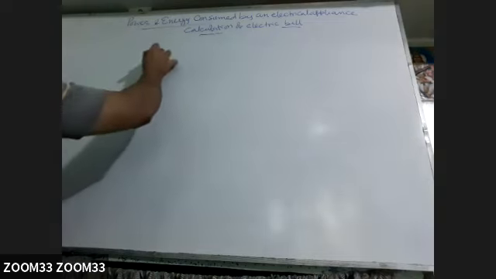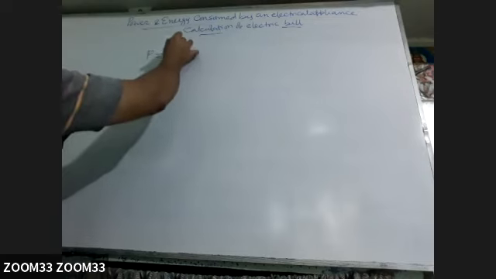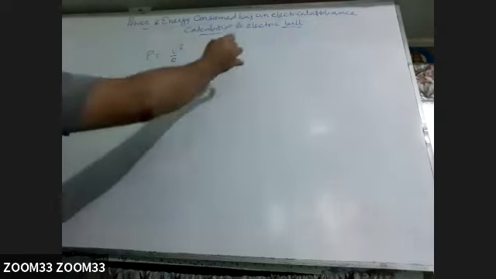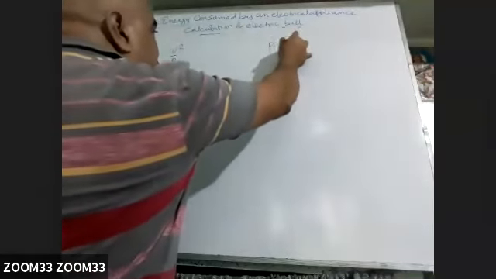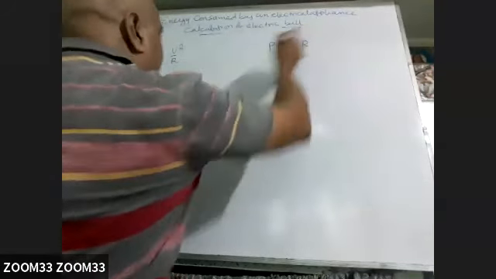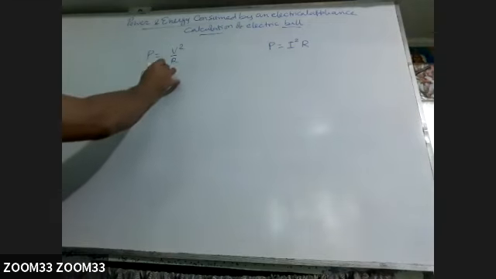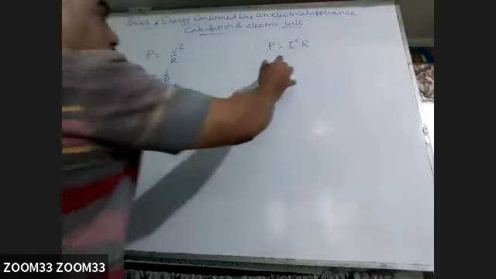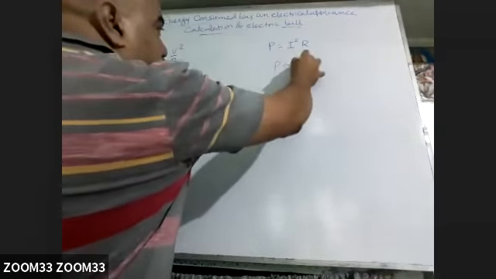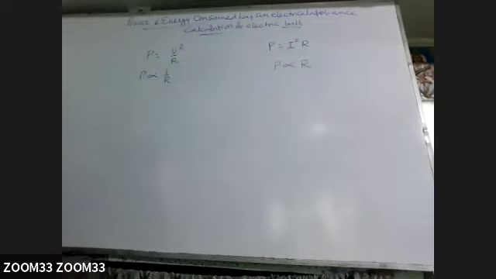Now you see the relation, this power we have got. One relation says it is V square over R. Other relation is saying it is I square R. According to this relation, P is inversely proportional to R, whereas according to this relation, power is directly proportional to R. Which one is correct?